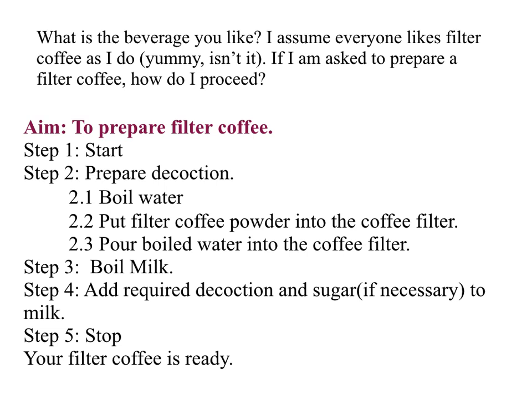So when the milk is boiling, I am trying to prepare the decoction. And there is a chance my decoction would not have been ready when my milk is boiled. So the boiled milk will have to wait, I will have to reboil it. So the efficiency of my program, the efficiency of making a filter coffee, is reduced here.